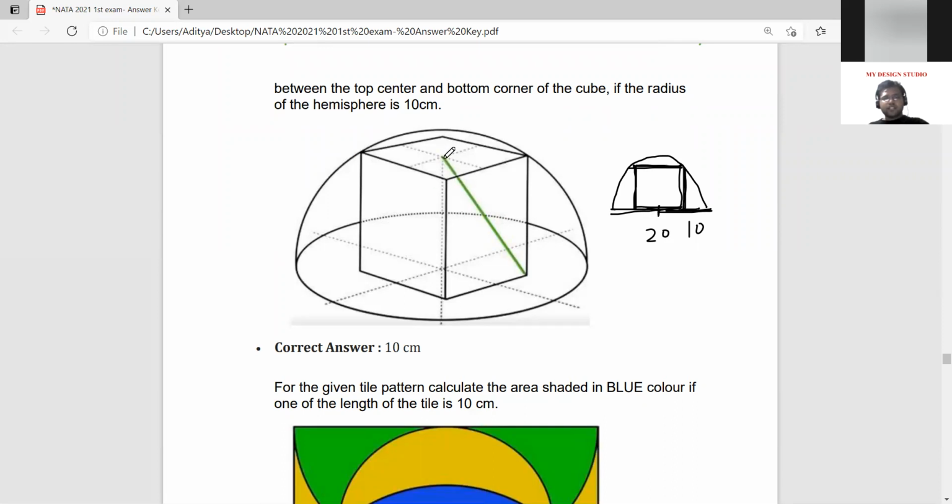Once we get the size of the cube, we just need to find the length A to B. And this can be simply figured out with the help of this distance that is known to us and this height that will be known to us, which will be equal to the height of the cube, because it is simply equal to one of the sides of the cube.